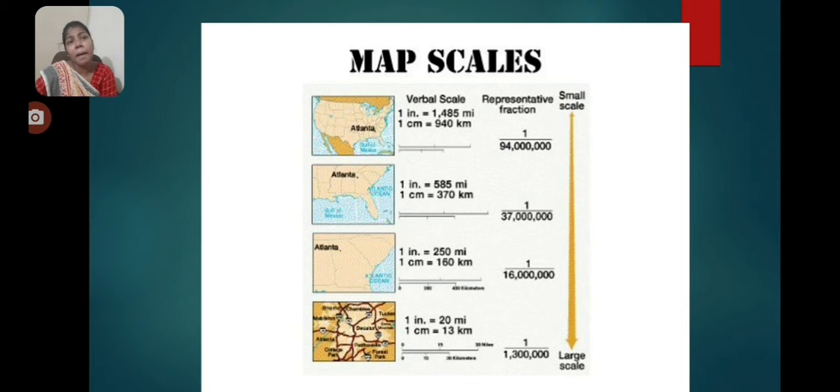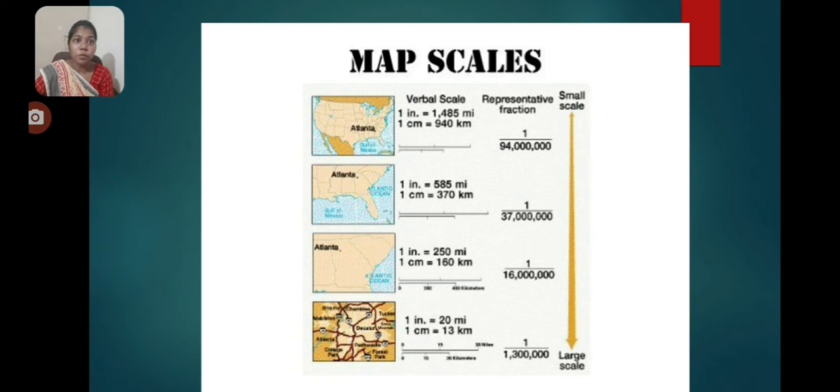So what are map scales? Here Atlanta, that particular place, has been shown in the slide. As I already mentioned, inches will be converted into miles, centimeters will be converted into kilometers. As you can see here, 1 centimeter is equal to 940 kilometers. 1 inch is equal to 1485 miles.